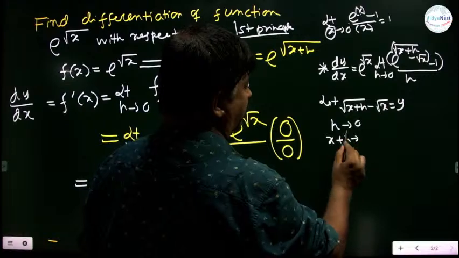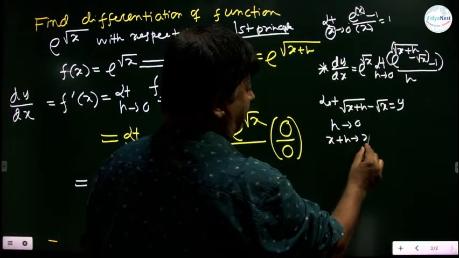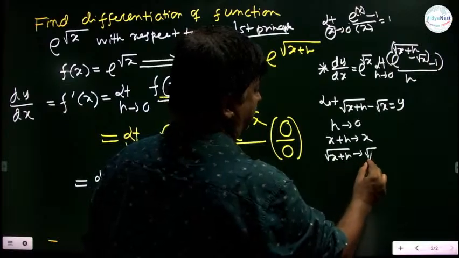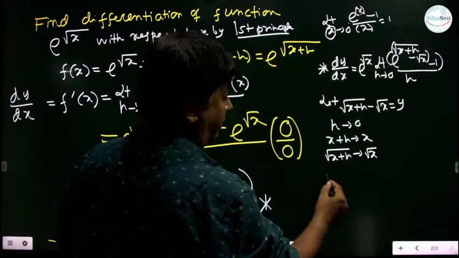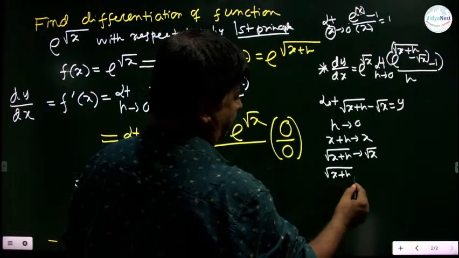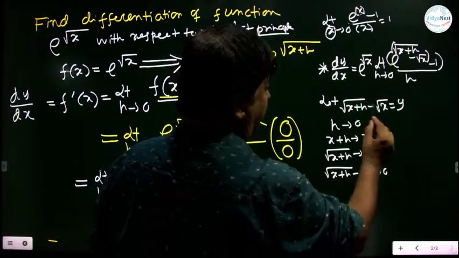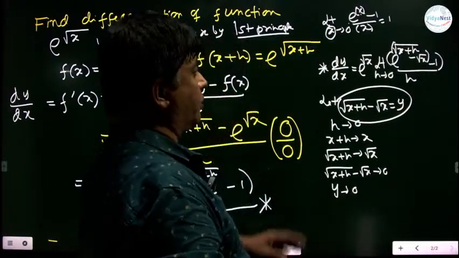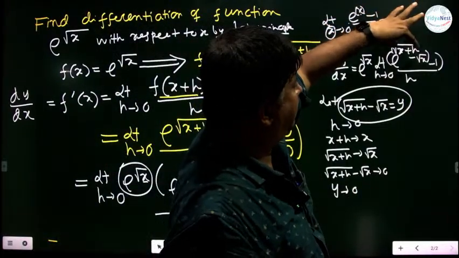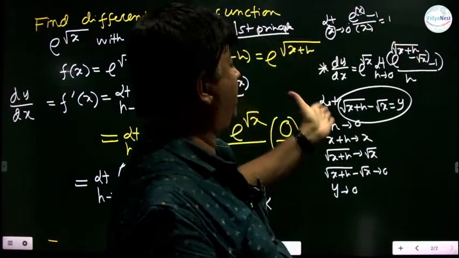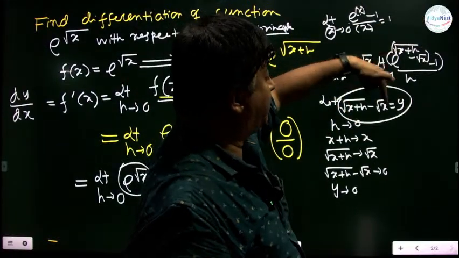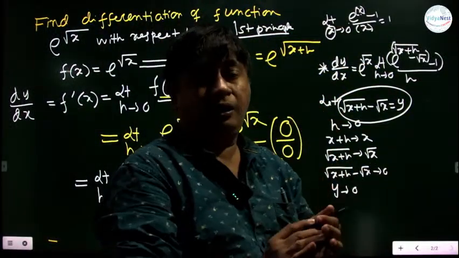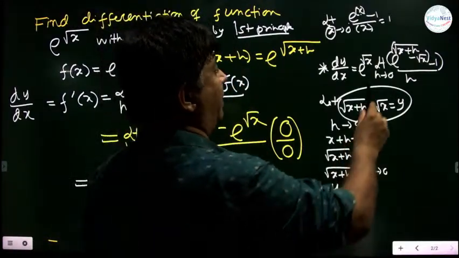X plus h, add x to both sides, take root to both sides, bring the right hand side to the left hand side, and that thing assumed what? Y tends to 0. So that little bit bigger expression, I have made equal to y to represent it with simpler presentation.